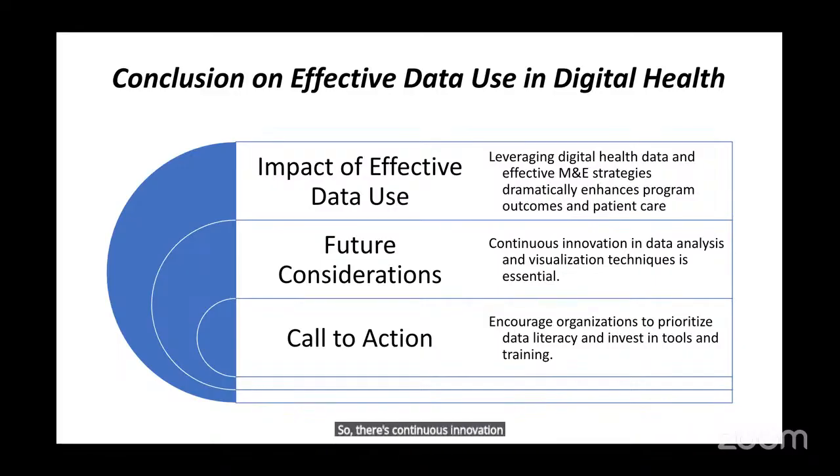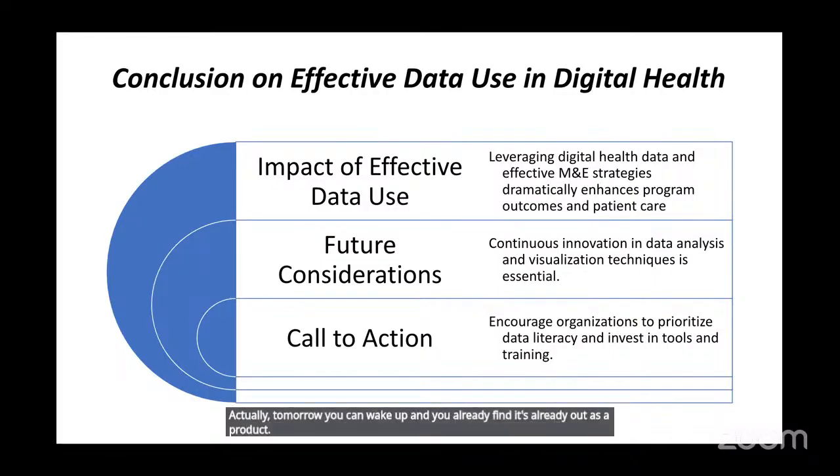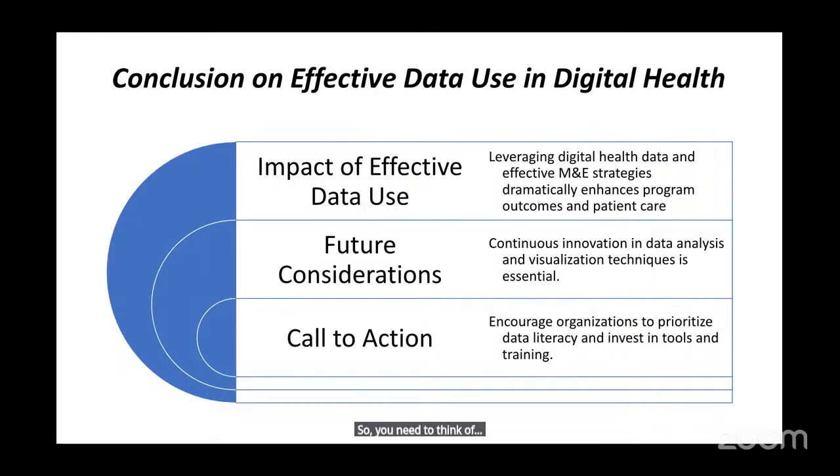If you're thinking of developing some system, developing some application, you need to think that there is innovation tomorrow. What you're already doing right now, actually tomorrow you can wake up and you already find it's already out as a product. So you need to think of how to be innovative a little bit in your analysis and also in your visualization.